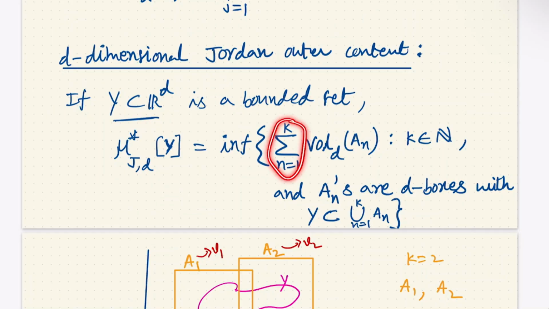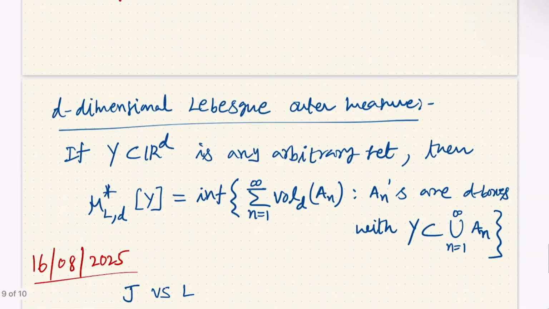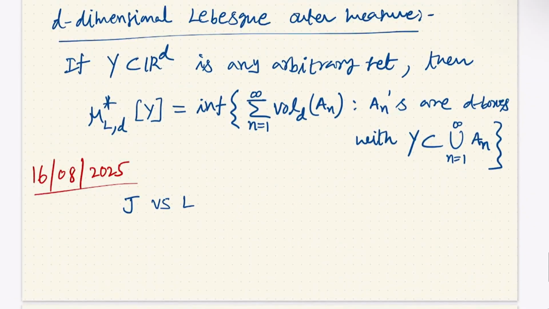With Jordan it is finitely many D boxes, whereas here it is the same thing with countable infiniteness.